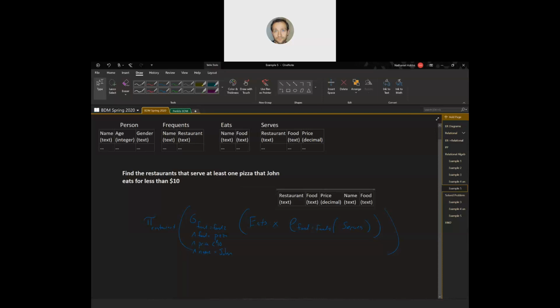So you need to rename one of these food entries to have a different name, the same way as with the previous named examples. Yeah.